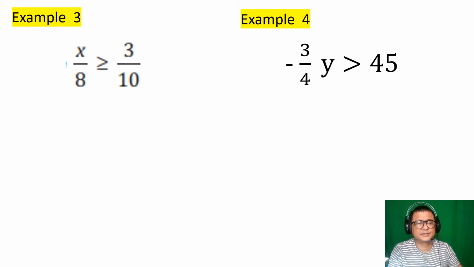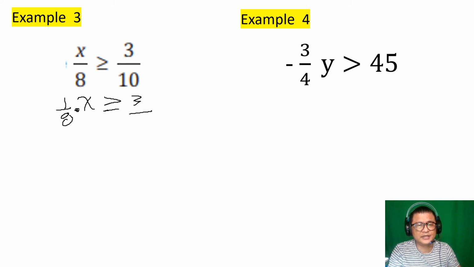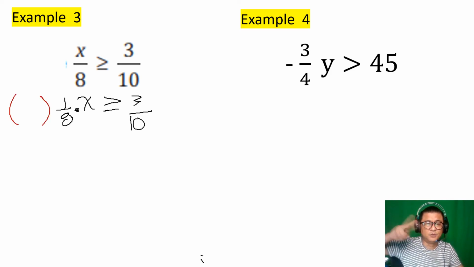All right, let's look at this example. Think of the x over 8 as 1/8 times x. All right, so it's easier to eliminate the times 1/8. If you want to get rid of the fraction, remember this, we studied this before, multiply it by its reciprocal. See that?